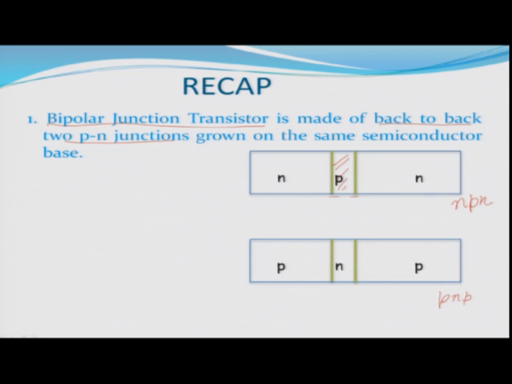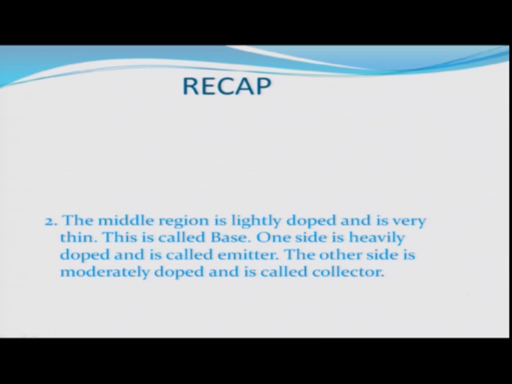Everything is doped on the same semiconductor wafer by proper alloying or proper diffusion of dopants and in right concentrations. So, this is the variety. The middle region is lightly doped, this is very important, and is very thin, this is also very important, and that is known as base.